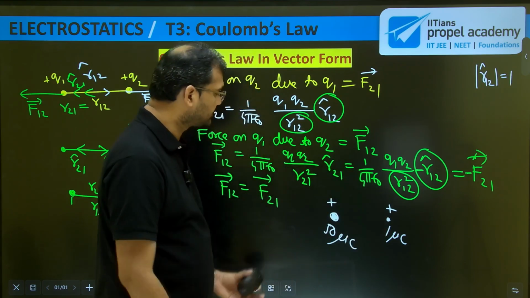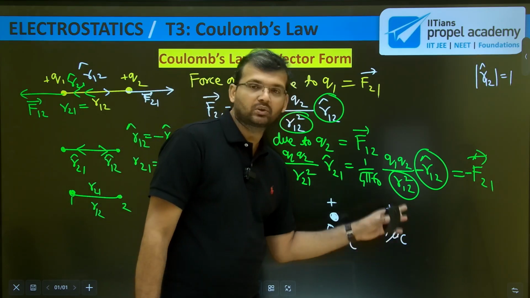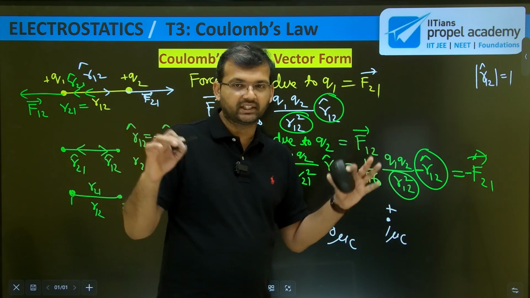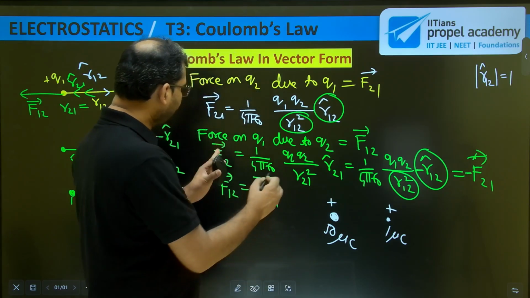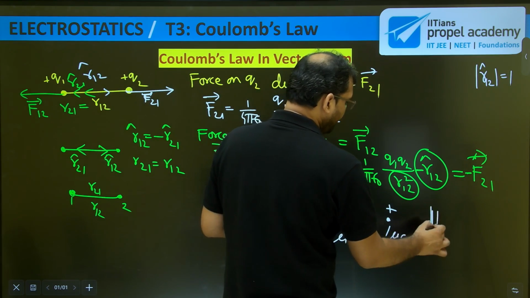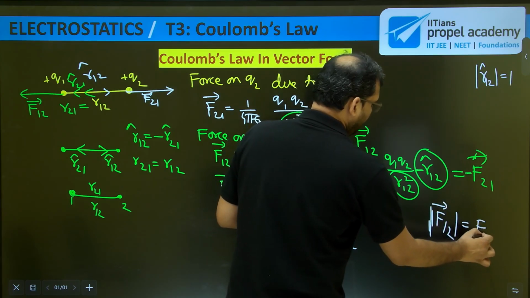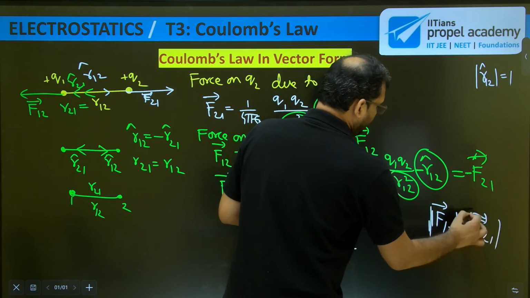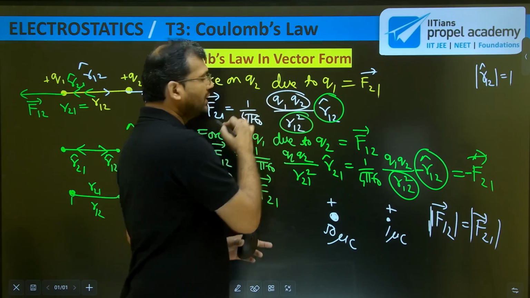If you think 50 microcoulomb repels 1 microcoulomb with more force, that's wrong, because the magnitude of the force of repulsion between them is the same, and it just depends on the product of Q1 and Q2.